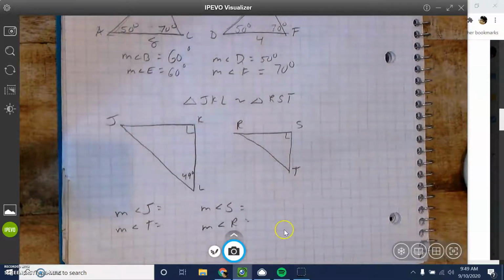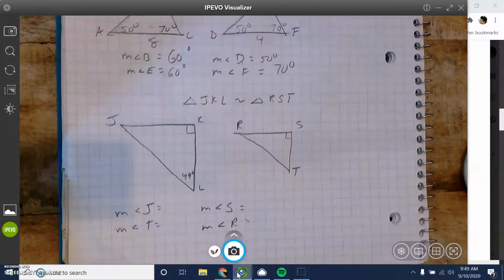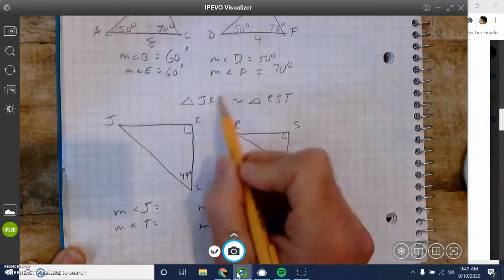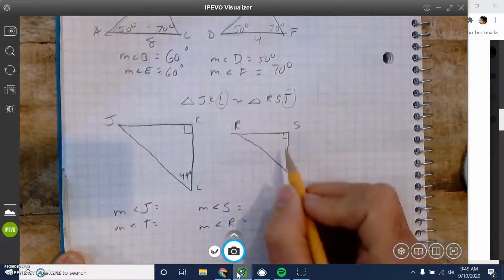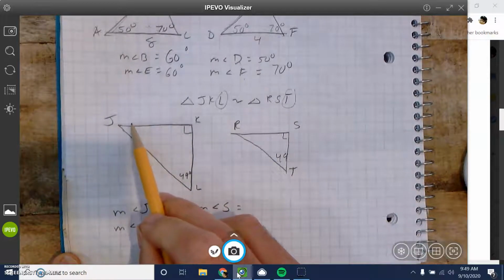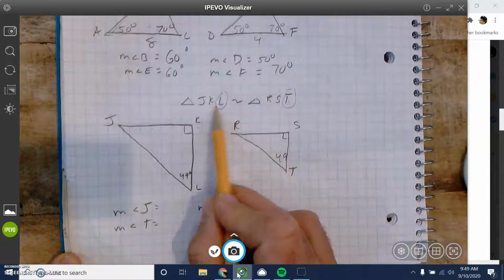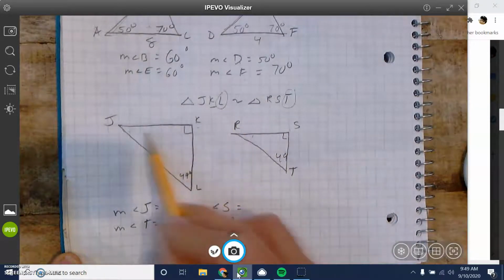All right, let's see what we got. So if this angle L is here, that means angle T is the corresponding angle, so this is also 49. Bam. All right, K and S are the middle, so those are 90. That means J and R are the same.